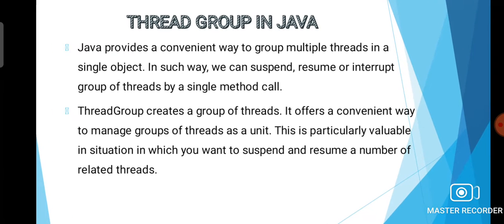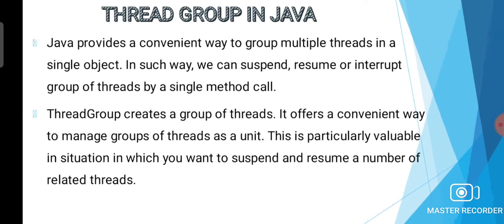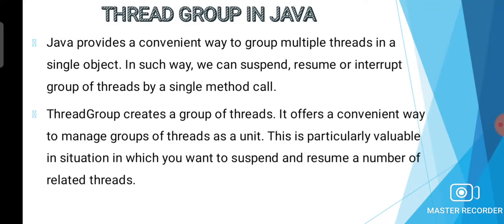Let us see what is meant by thread group. Java provides a convenient way to group multiple threads in a single object, so that we can perform some common operations on the group of threads with the help of the single object and by calling a single method.